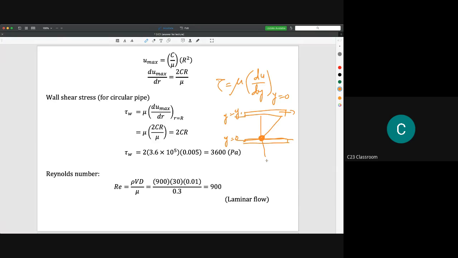But in a circular pipe, we cannot put the limit of r equal to 0. Yes, we are using du/dr, but we cannot put r equal to 0. Why? Because in a circular pipe, when r equals 0, the shear stress is the minimum, or the shear stress might disappear at that moment.